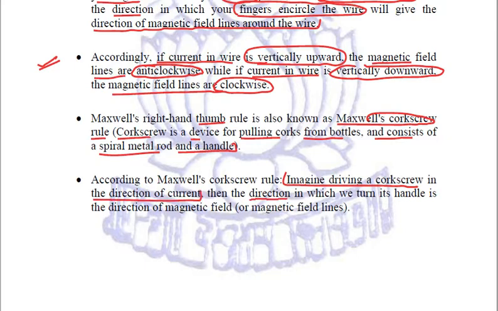Then the direction in which we turn its handle is the direction of the magnetic field lines. So this is Maxwell's right hand thumb rule, which is used to find the direction of magnetic field lines around a straight current carrying conductor or wire. Clear?